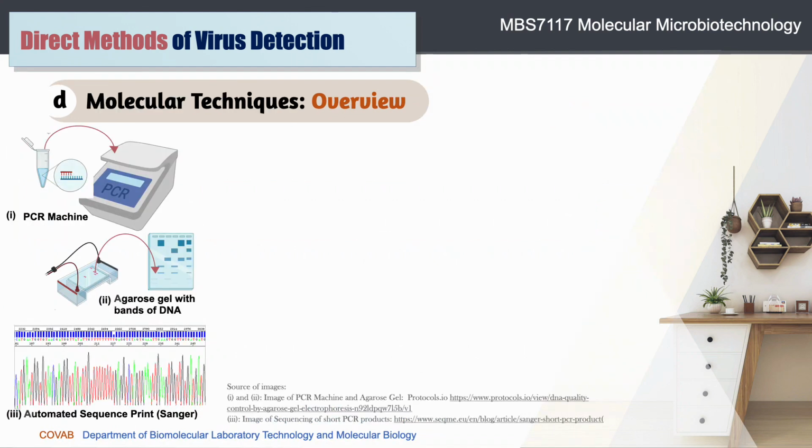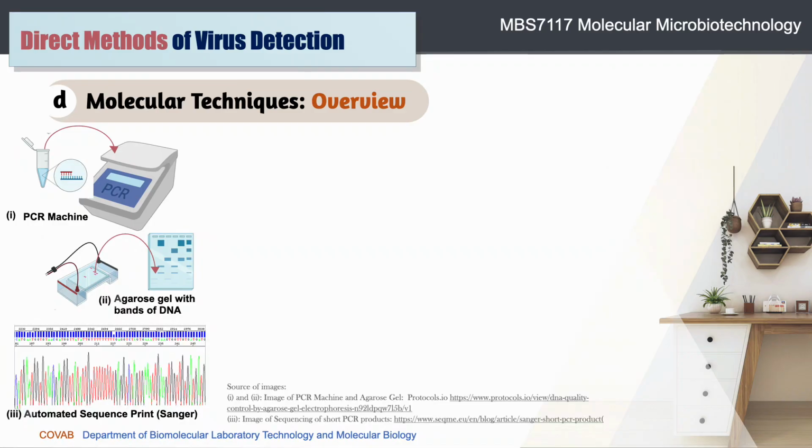So let's look at our fourth method of virus detection, which is using molecular tests. We may be familiar with the PCR machine, which amplifies nucleic acids in the virus.